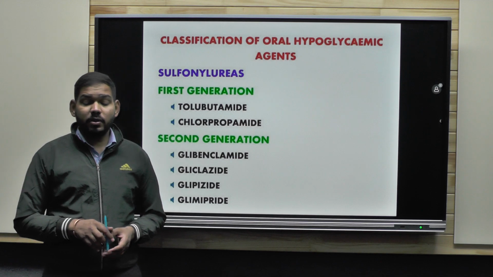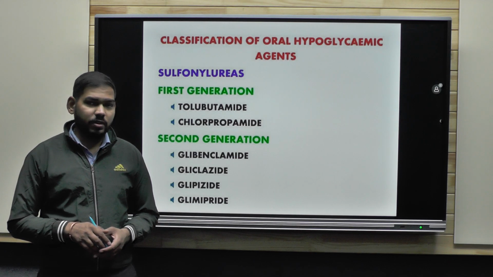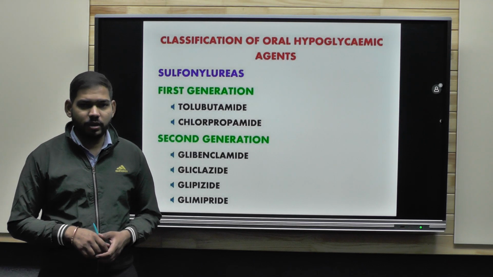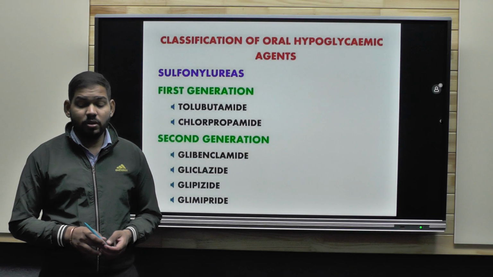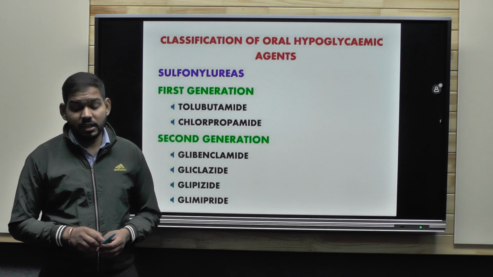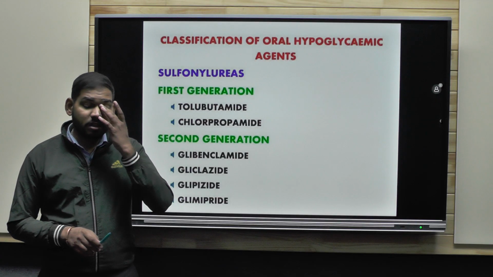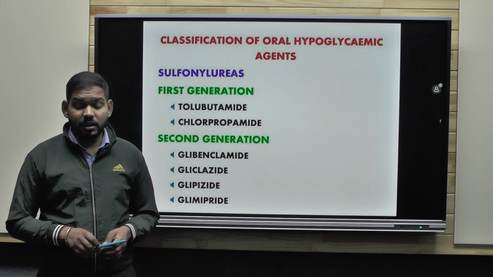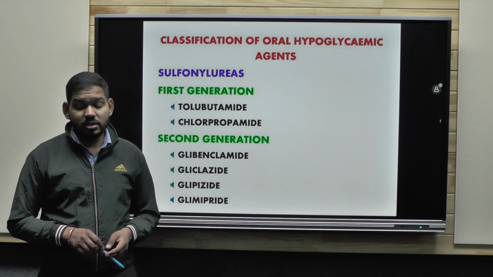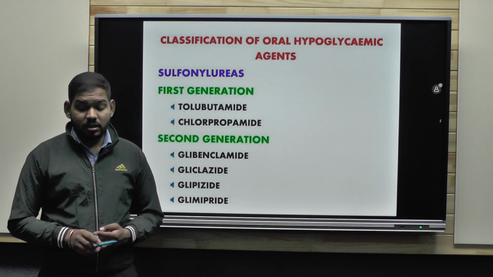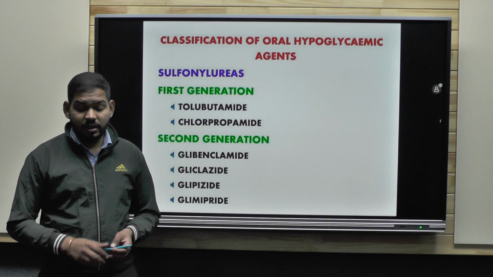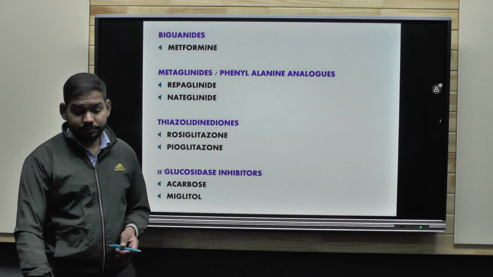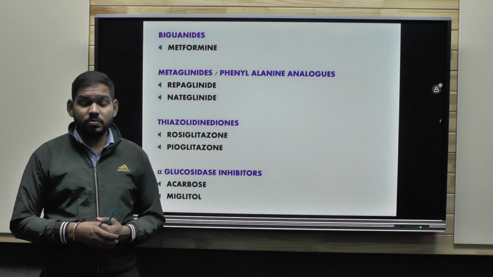Classification of the oral hypoglycemic agents. One of the major categories is sulfonylurea. It is further divided into two categories, first generation and second generation. In the first generation, the drugs are tolbutamide and chlorpropamide, and the second generation drugs are glipizide and glimepiride. Another category is biguanides.